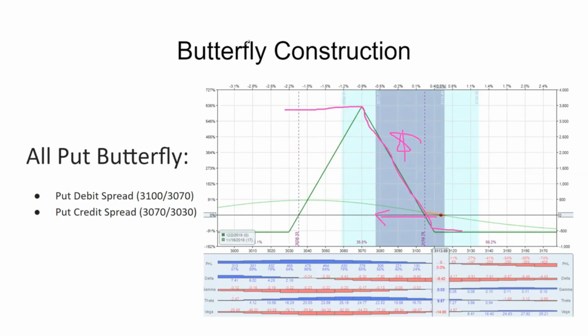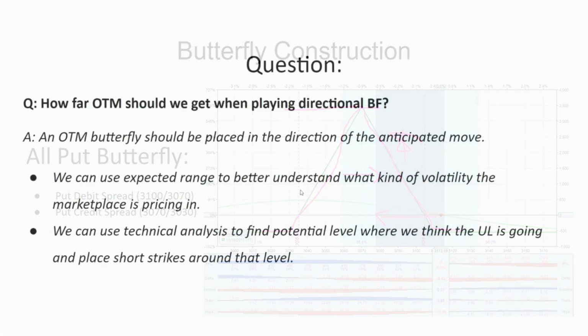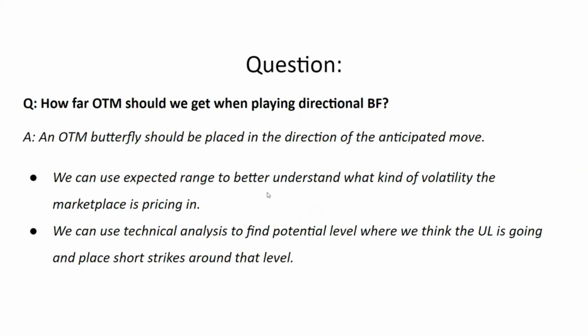And then the credit spread here is only used to offset some of the cost associated with this debit spread. Right, so we had a couple of questions, and we'll just go through these questions, and I will have you guys on your way.